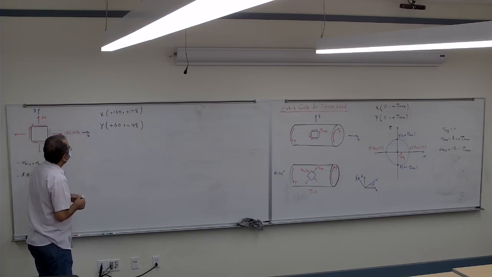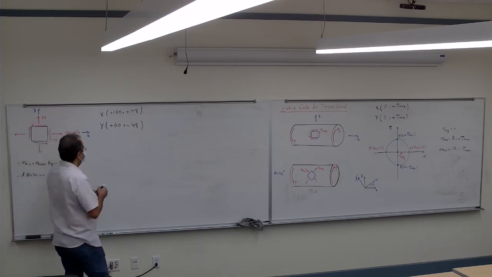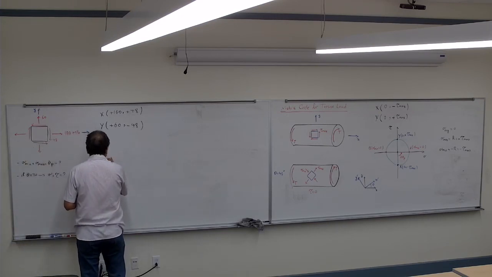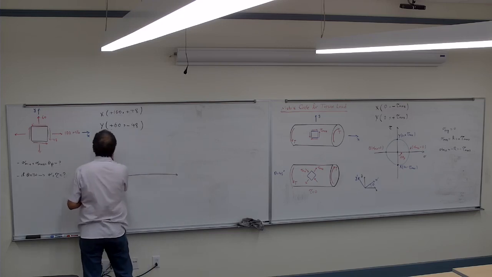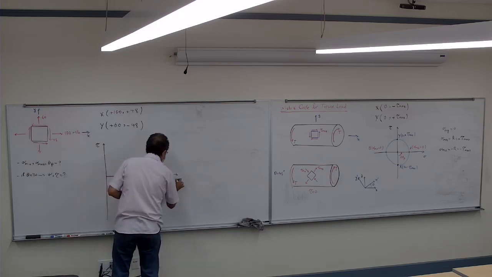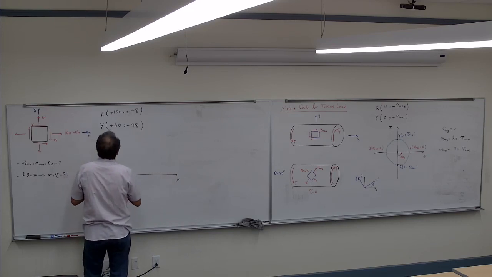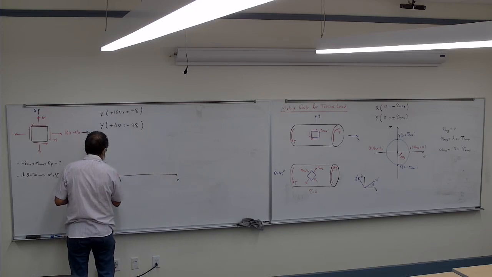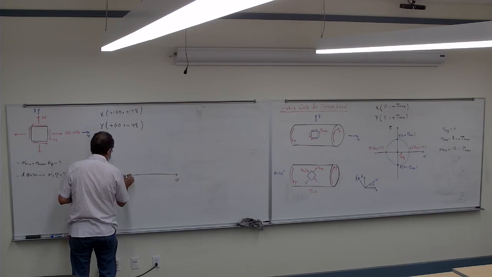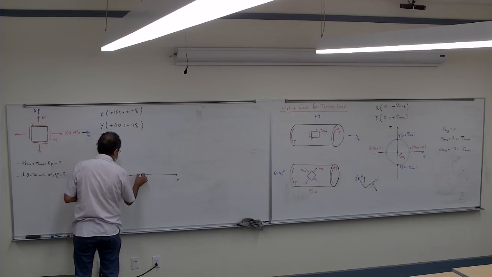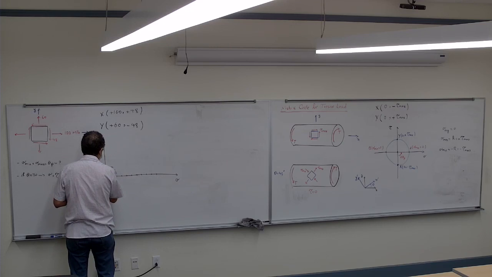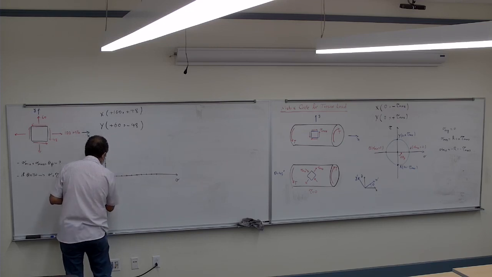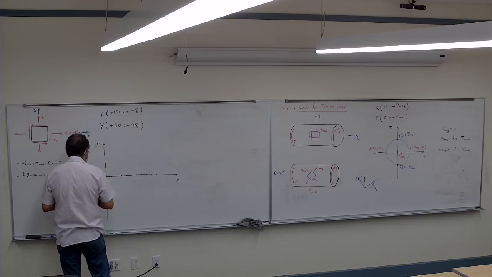So it's 100, 160, and if I draw it like this, there's the tau and sigma.